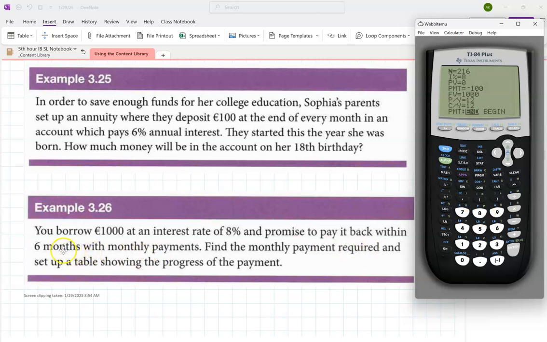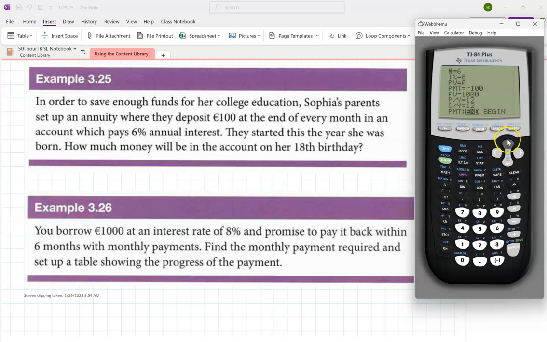You pay it back within, or you promise to pay it back within 6 months with monthly payments. So like 6 times there then, since it's every month. And our payments per month and compound per month should both be 12.